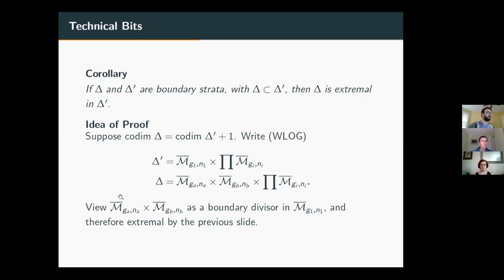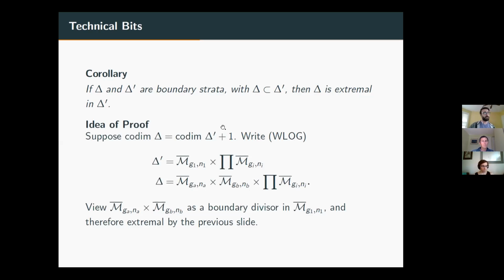And now you view this new product, this thing that I'm circling, as a boundary divisor in M_{g1,n1}. But now we know that boundary divisors are extremal. And we know that Cartesian products play well with extremality. And so we're done. If it's not a codimension 1 degeneration, you just iterate this argument.